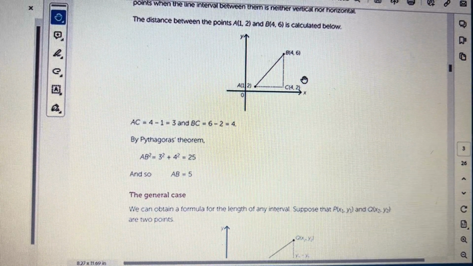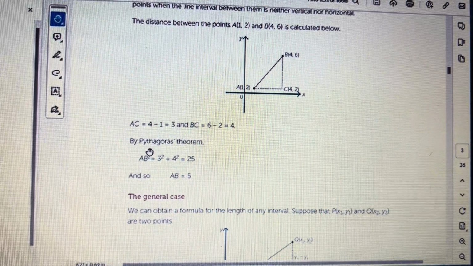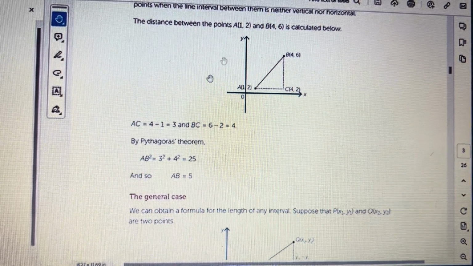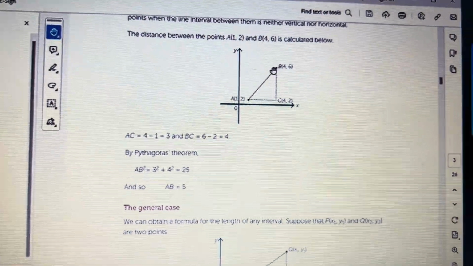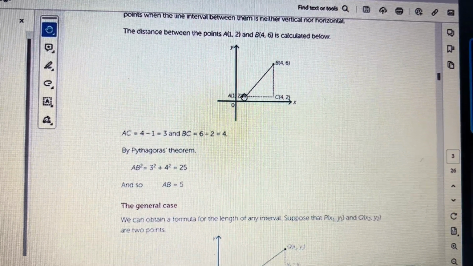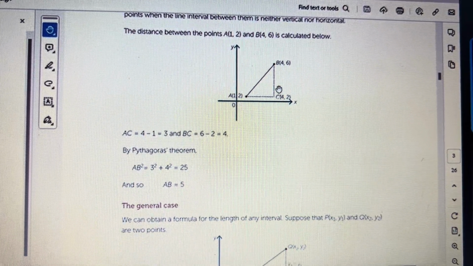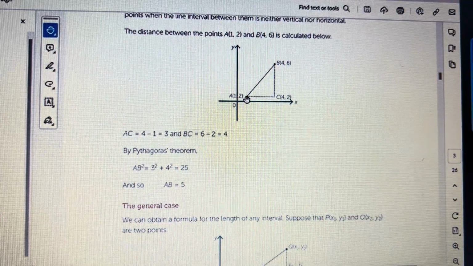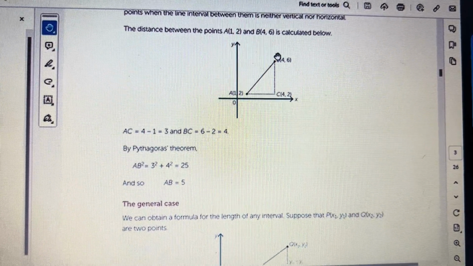And from what we know, I believe we all know, there is what's called the Pythagoras theorem, which gives us a way of finding the length of the hypotenuse. The hypotenuse is the longest side of a right-angled triangle. So you have this side here, you have that side, and then the longest side.